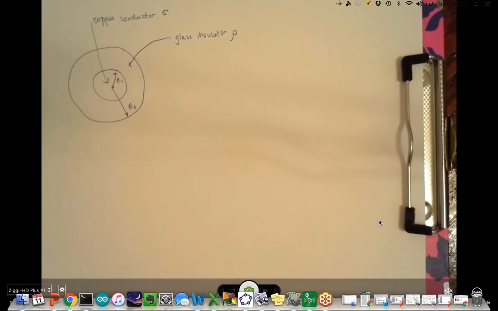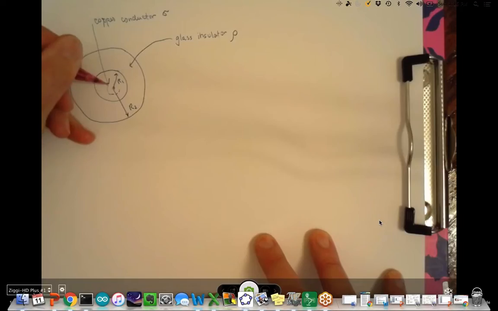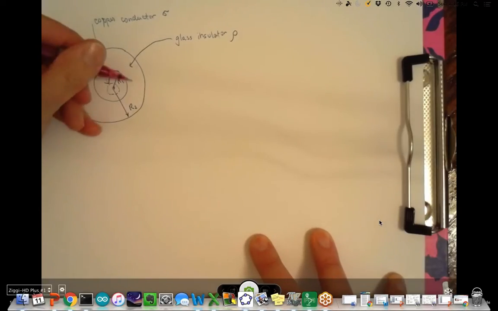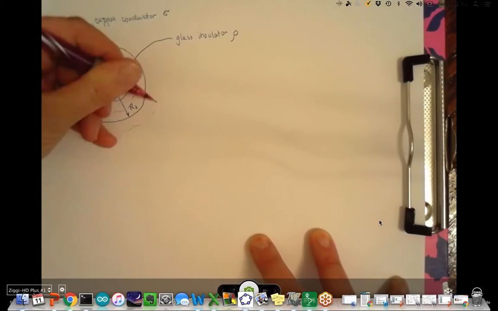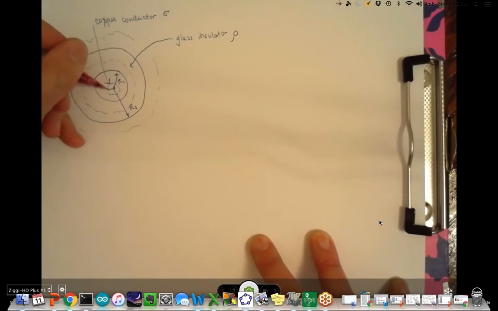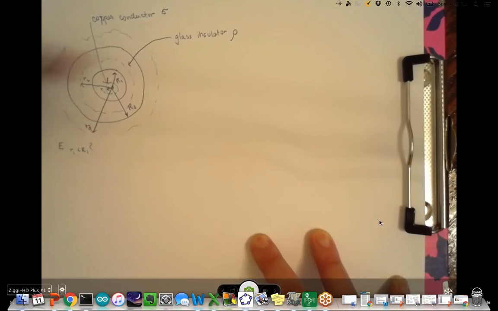All right, and let's find the electric field at 3 different spots. We're going to find one right in here, inside the copper only, one sitting out here between the copper and the glass, and one way out here. So we've got 3 different Gaussian surfaces. We'll call them little r1, little r2, and little r3. So we want to know E at r1, which is smaller than big R1, the radius of the copper conductor.